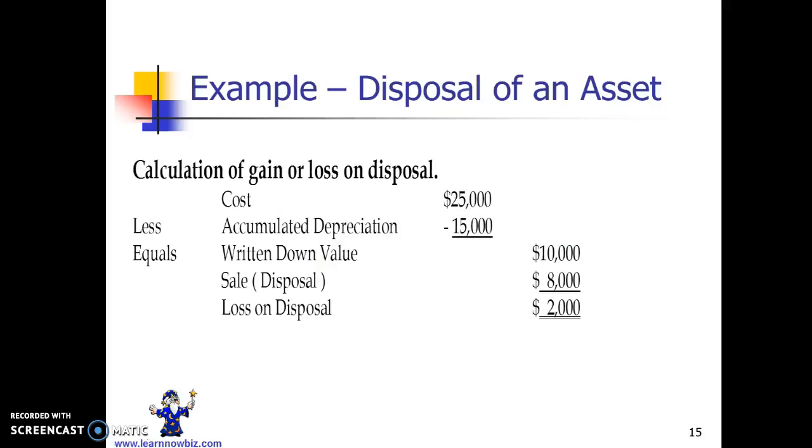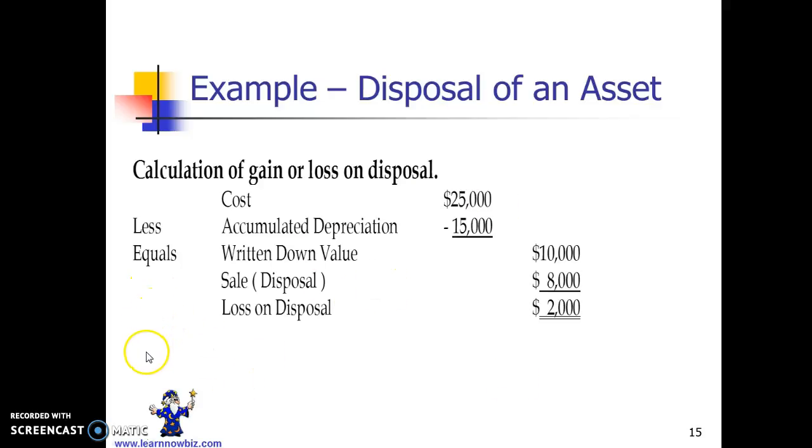Let's go through again how we calculated the gain or loss on disposal. Remember, all this information is worked out in our disposal account. The cost was $25,000. The accumulated depreciation was $15,000. Remember, $14,000 plus $1,000 makes $15,000.